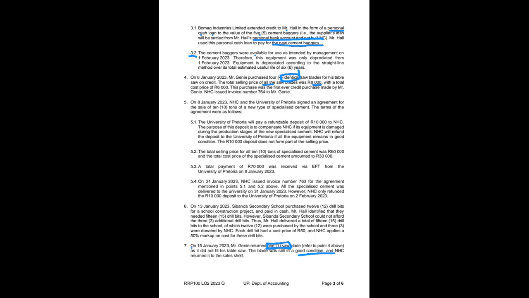Correct. It will be identical to the other 3 blades. So that means we can take the 800,000, which was the selling price, and divide it by 4 and get the individual selling price for this 1 saw blade that was returned.